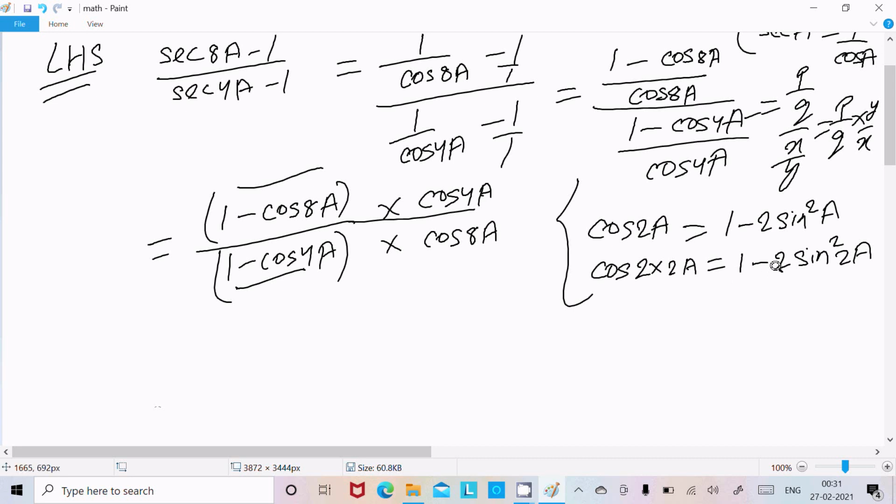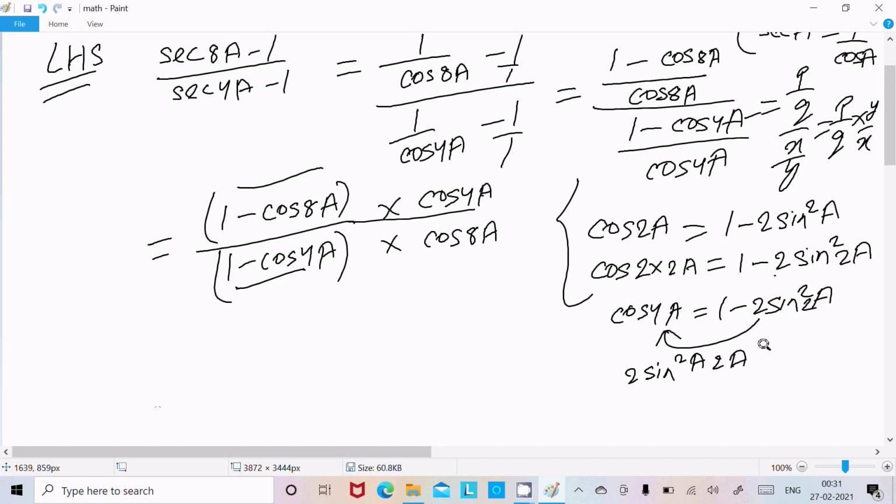So here what I'm trying to do: this is cos 4A, and 1 minus 2 sin square 2A, so on the right side it comes 2 sin square 2A.